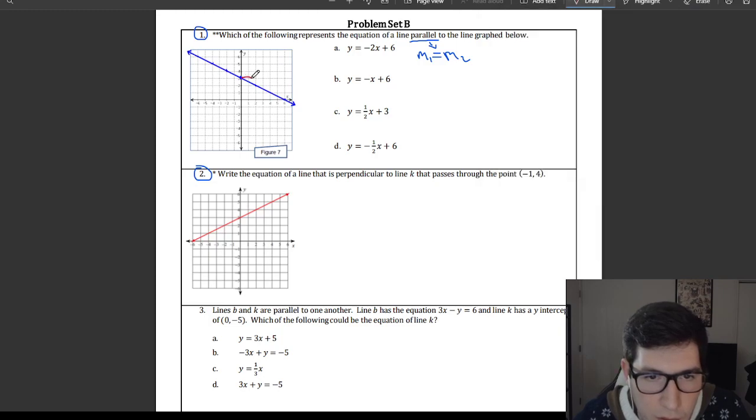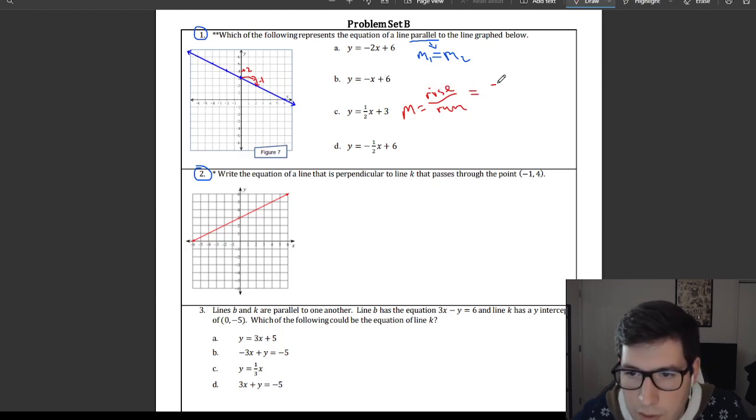I'm going over to the right 2. Remember that right and up are positive. So I have a positive 2 here. And I'm going down 1. Remember that down and left are negative. So if I'm looking at slope, which is rise over run, my rise is negative 1 and my run is positive 2.